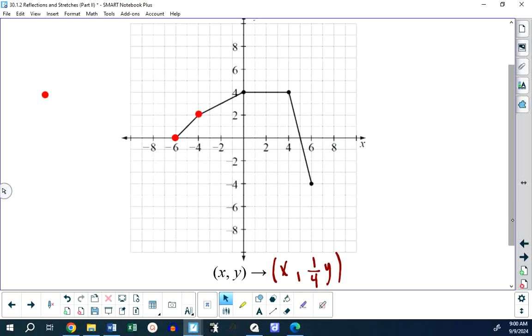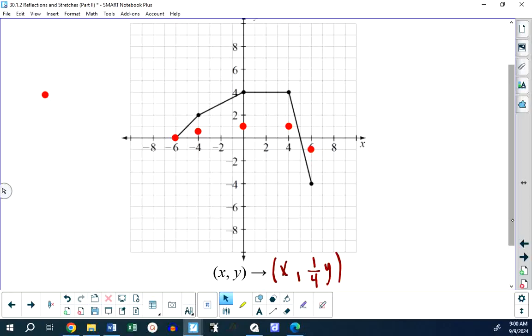This is 2 away from the x-axis, so I have to multiply the distance of 2 by a quarter, or 25%, which will take it to 1/2 away. This point is 4 away. 1/4 of 4 is 1. This is 4 away. 1/4 of 4 is 1. This is 4 away, but below. 1/4 of 4 away is 1 away.